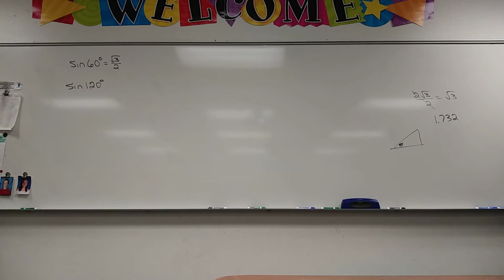Does that statement make sense? If the sine were 1.732, then the opposite side would be longer than the hypotenuse, because this number is greater than 1. Tell me about that statement. It can't happen.